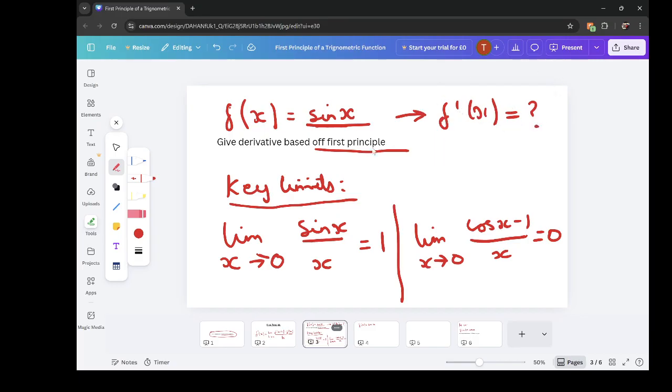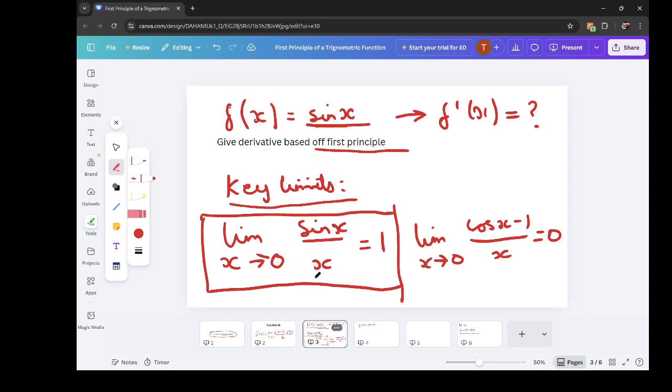Before we apply the first principle to this trigonometric function to get the derivative, we have to remember a couple of key limits. These are the two key limits that you have to remember whenever doing the first principle of any trigonometric function. The limit as x approaches 0 of sine x over x is equal to 1.